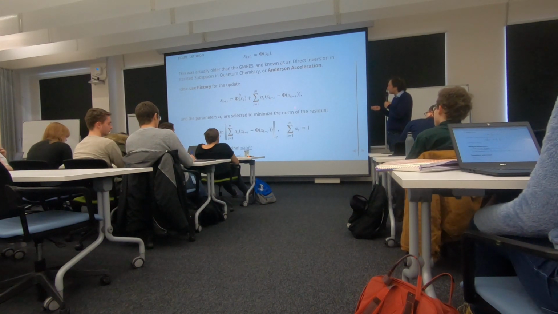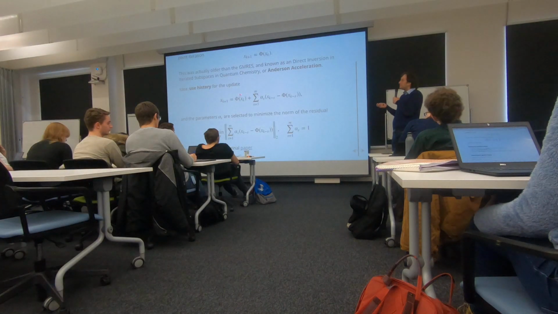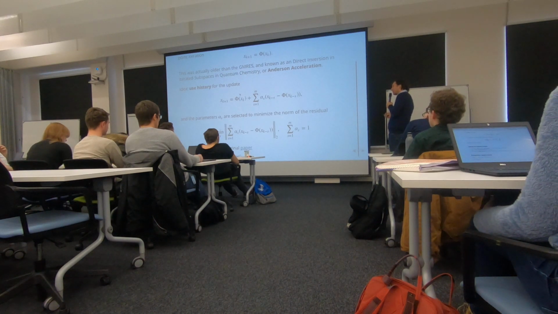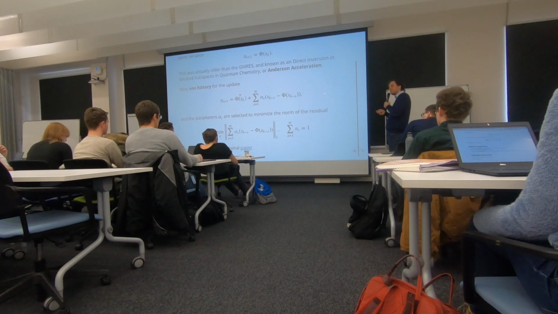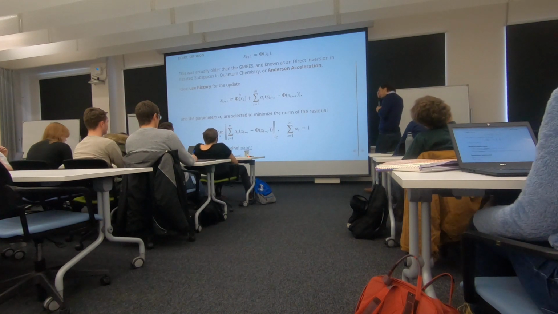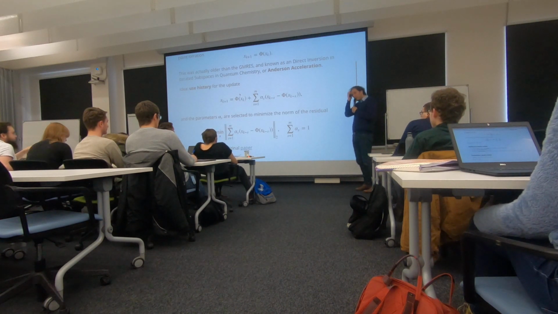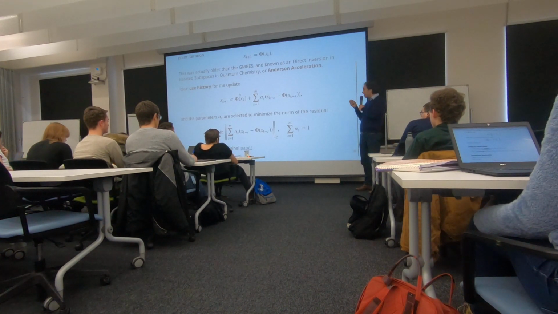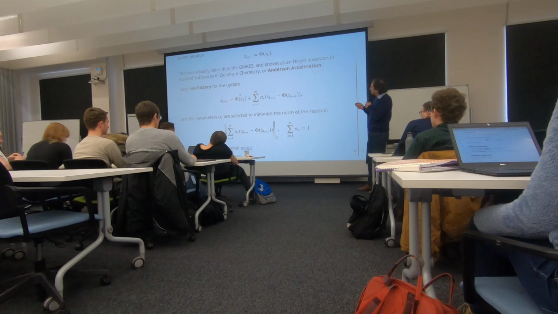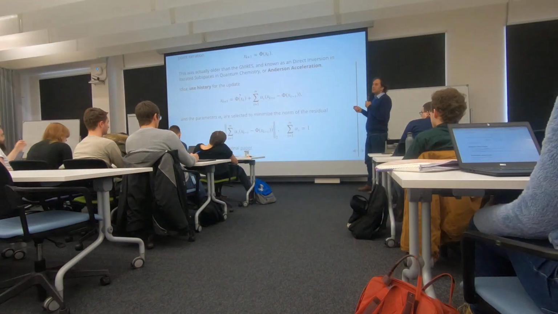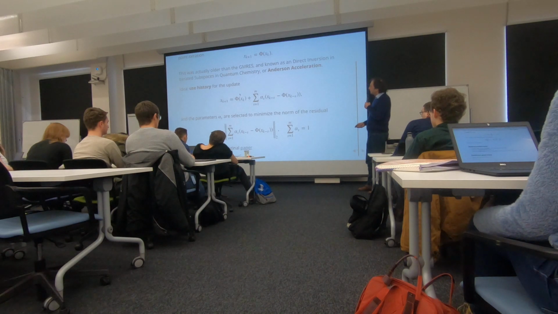So the complexity of this iteration is the same as the complexity of the original iteration, but the convergence is typically much faster. So if you have a first-order method, which means it has a geometric convergence, sometimes this method, the Anderson acceleration, gives super linear convergence, even quadratic. You can show that this is a so-called quasi-Newton method.